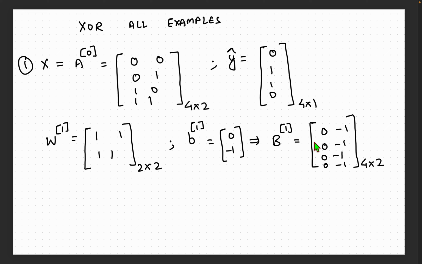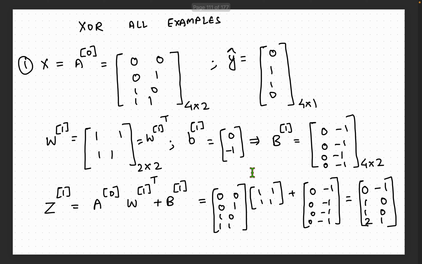As discussed, we are broadcasting the bias term here. So when we work out the math, we have a 4 cross 2 matrix, which is A, and we multiply that with a 2 cross 2 weight matrix, and add that to a 4 cross 2 bias. After that, we get a 4 cross 2 output.